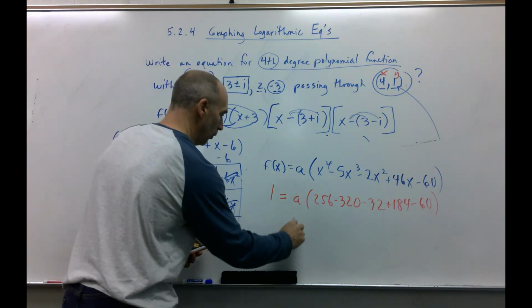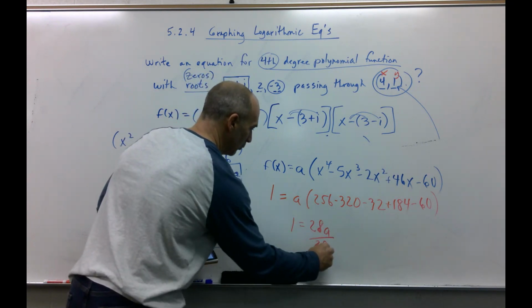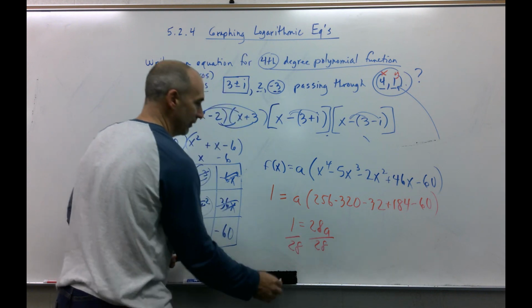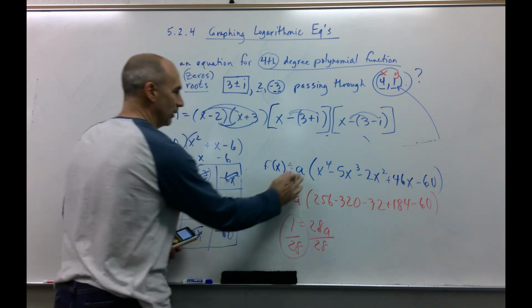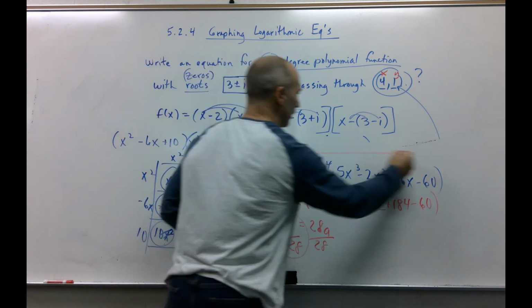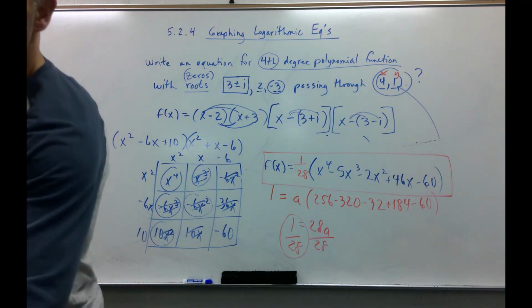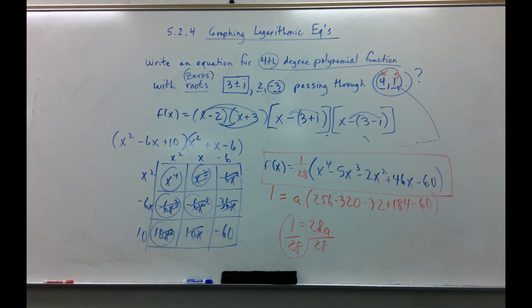So 1 equals 28a. Divide by 28, divide by 28, there's my a. So I go here, and I go 1 over 28. And there is a crazy math problem. All right, congratulations. I did give you one of those on the homework, so good luck.